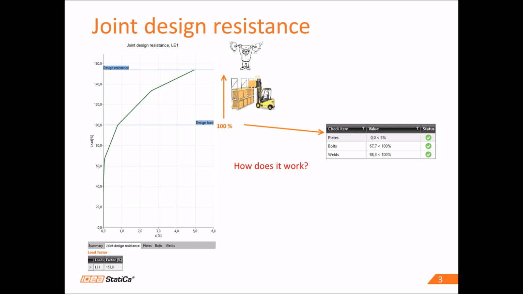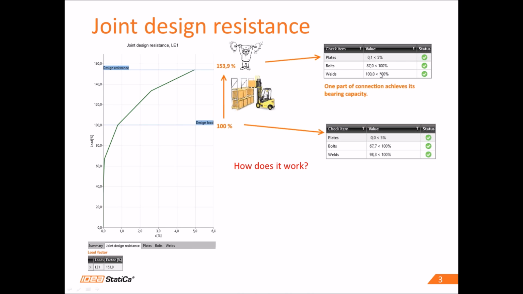The software automatically and proportionally increases all load components until one of the checks isn't satisfied. And the user receives a simple diagram and a factor, the ratio of design resistance and design load.